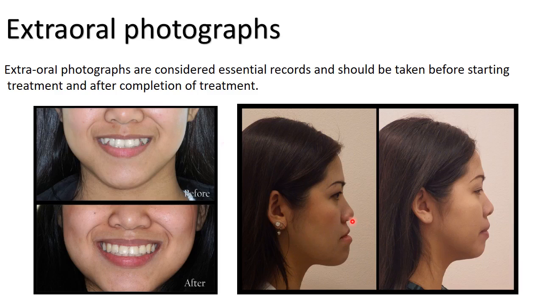We take the profile and the front view, and we can take a smaller region to see the change in the smile, teeth relation, and incisor show. So this is the before and after.